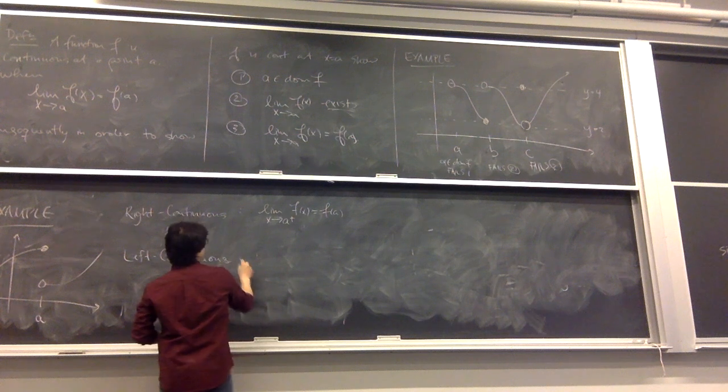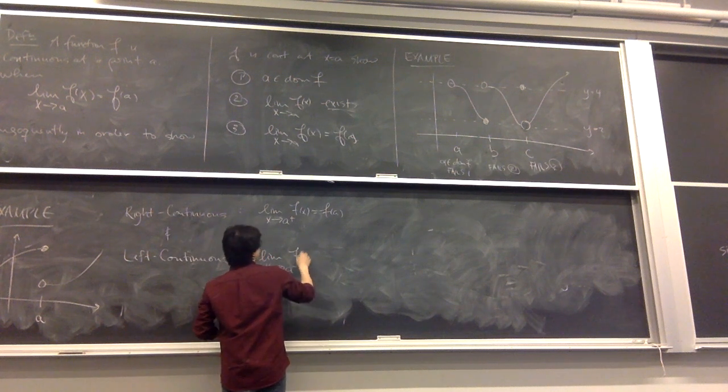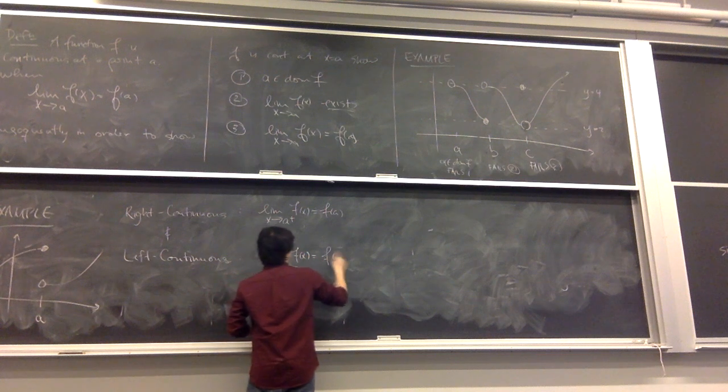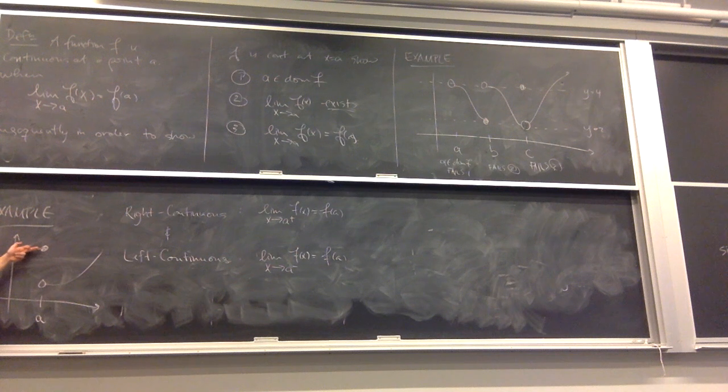And left continuous is when the limit of x goes to a from the left of f of x is equal to f of a. So you see this is left continuous. Did I get my things right? Yeah, approaching from the left. This is left continuous, but not right continuous.